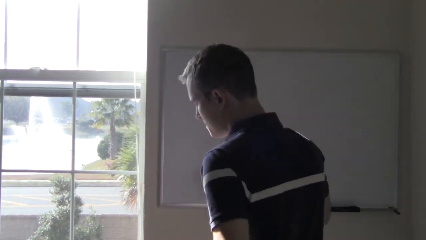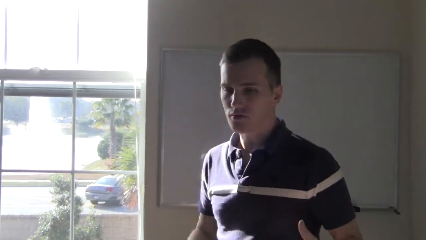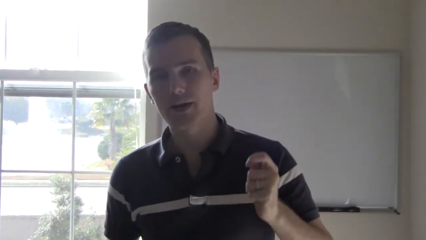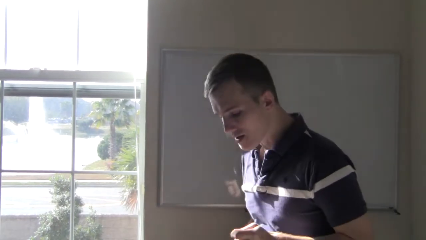Now we're going to, in this class, talk a lot about reasonableness. What is reasonable? What is reasonable conduct? What is reasonable action? And I'll mention different definitions for reasonable, but reasonable is a difficult term to pin down when it comes to personal injury, when it comes to tort law.